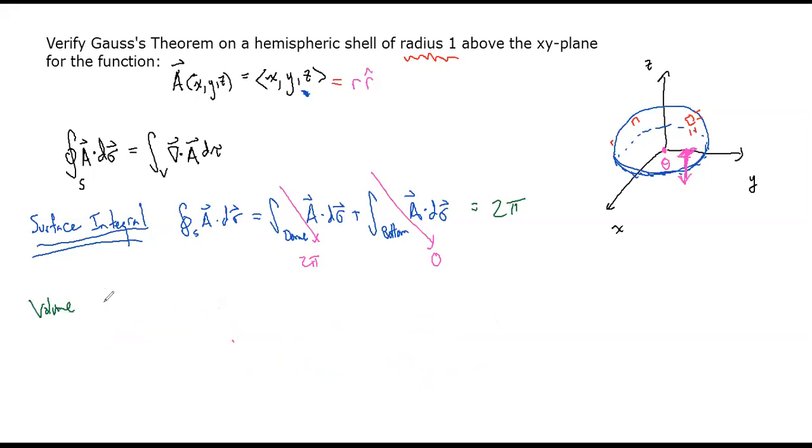So the volume part, the divergence bit. First what I need to do is calculate del dot A. We don't even know how to calculate the divergence in non-rectangular coordinates at the moment, so we really need to use rectangular coordinates. What is the divergence of the vector field x, y, z?